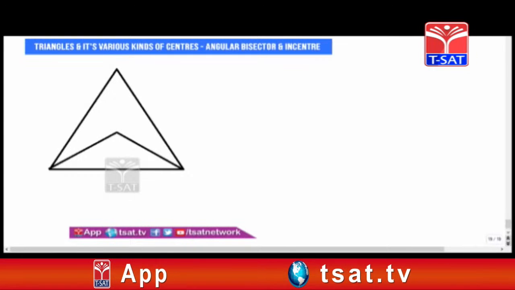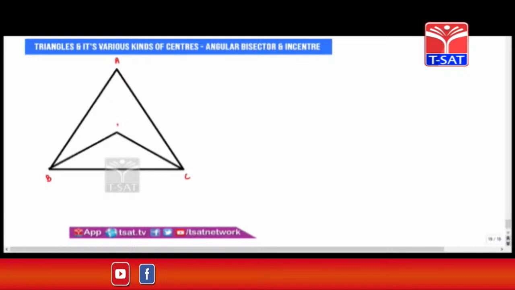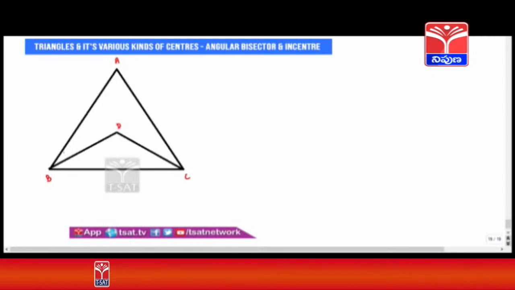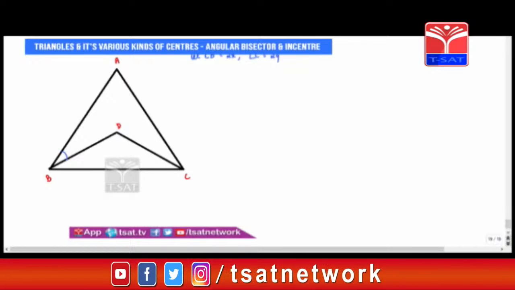Let the triangle be ABC. Here BD and CD are the angular bisectors of triangle ABC. Let angle B be 2x and angle C be 2y.